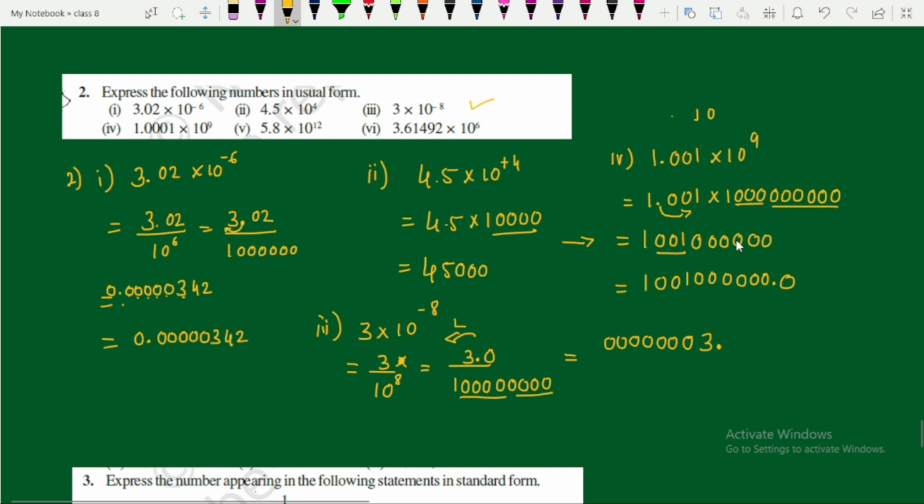Okay, so 0.000, how many zeros? 7 zeros. Okay, so this is 3, this is 4, and this is 1. So 8 places it has shifted to the left-hand side when it is divided by. Okay, in this way you can write it in usual notation.